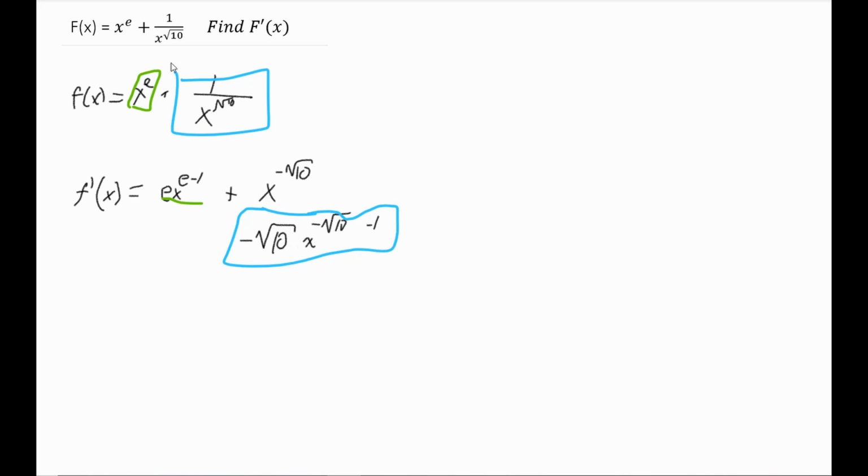This isn't simplified. You can simplify it, so we'll just go ahead and simplify the whole question for the sake of having a simplified and clean answer. So this green area actually is already simplified. e times x to the e minus 1. Now this blue area, we're going to do plus, then the negative square root 10 can stay on top.